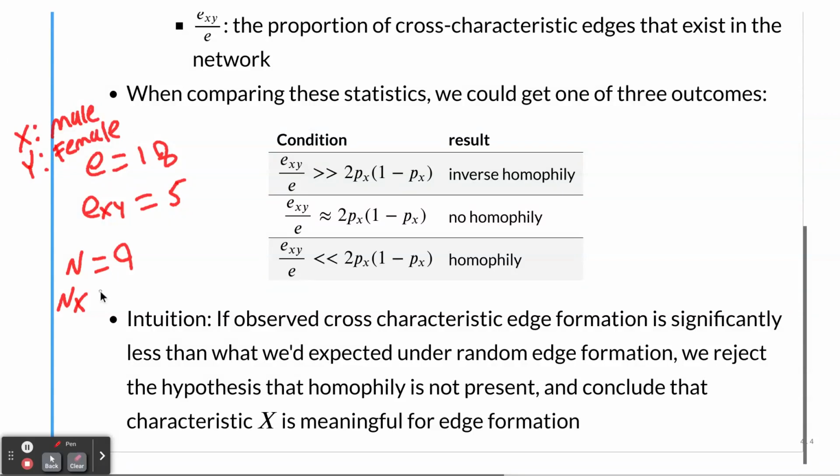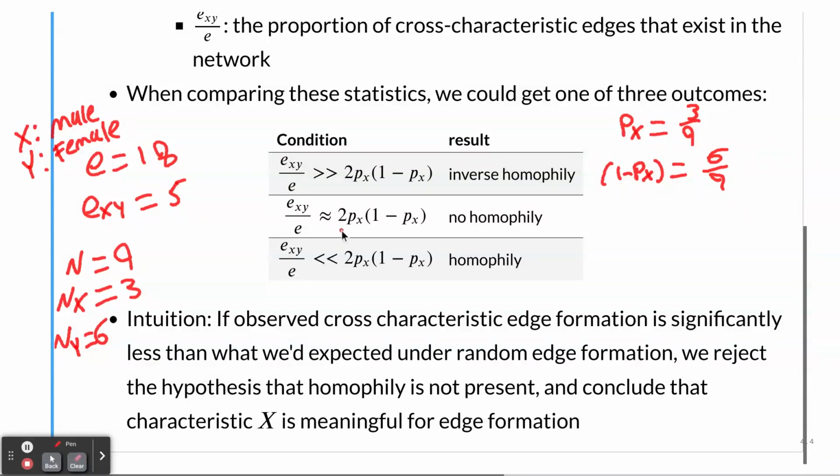And we'll say that nX, the number of individuals who are male in our example, is 3, and the number of female individuals is 6. So now let's compute our numbers. We have P of X is equal to 3 over 9. We have 1 minus P of X is equal to 6 over 9.